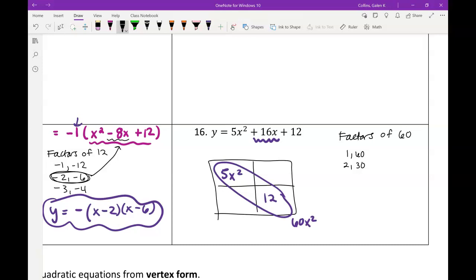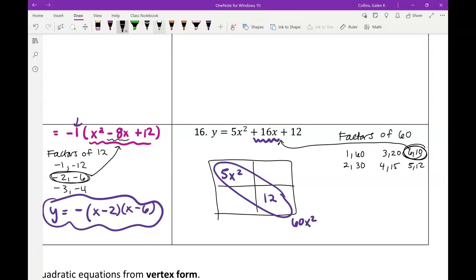Let's see, I have 3 and 20, 4 and 15, 6 and 10. Oh, and I forgot 5 and 12. But you know what? I think 6 and 10 are the numbers we want because, again, 6 plus 10 makes 16. So we've got to have factors of A times C and a sum of B.